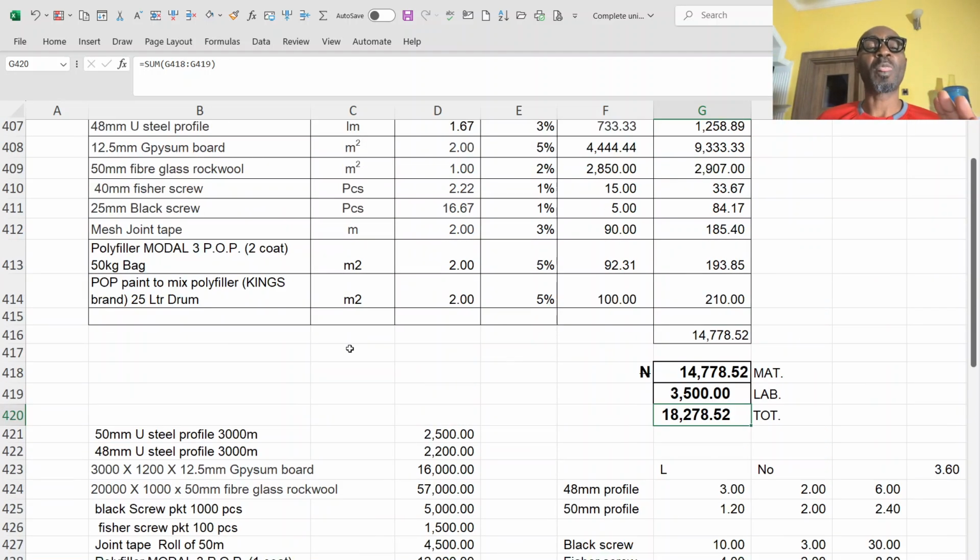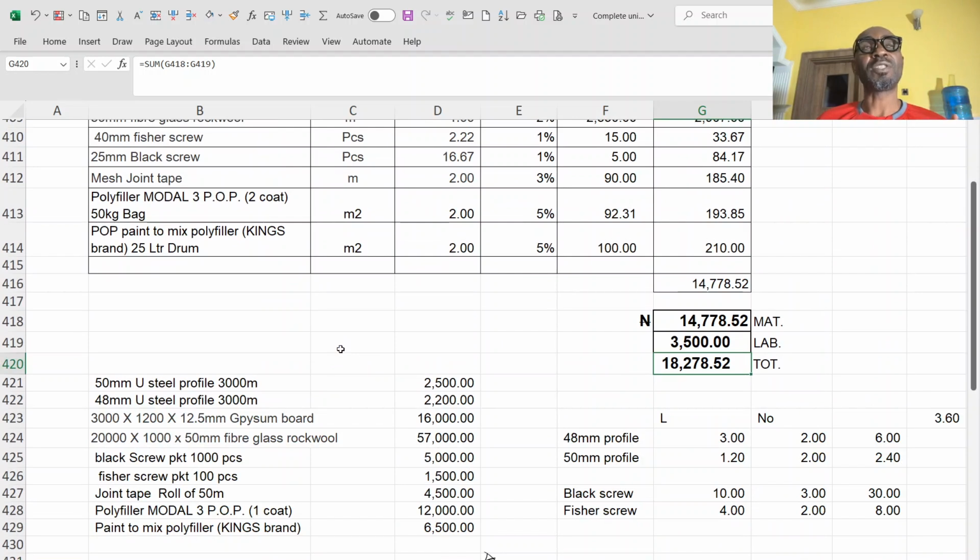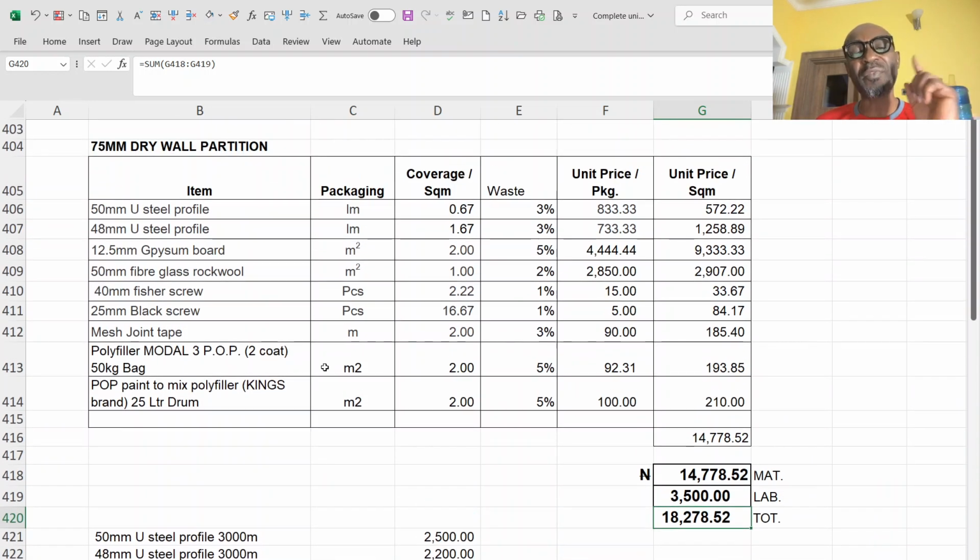But if it is one-sided cladded, say you're putting the drywall against an existing block wall, meaning that you're only going to clad one side, the only thing that will now be different in this rate is the gypsum board will now be 1 square meter because it's on one face. Then the fiber will remain.